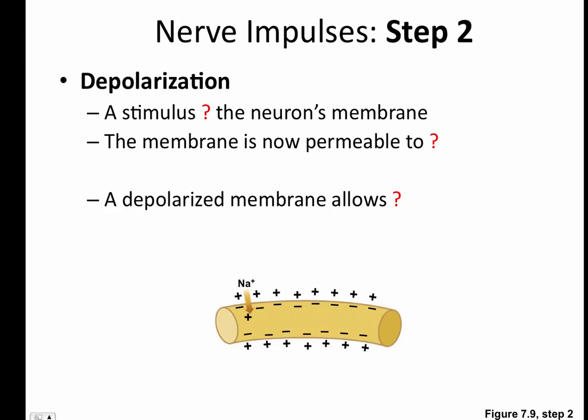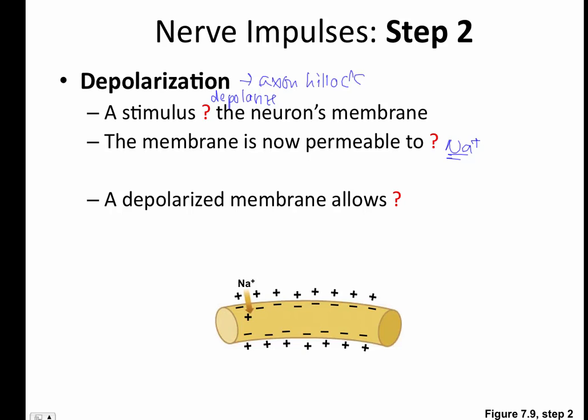Step 2 of this nerve impulse is depolarization. Once again, this is going to get started at that axon hillock. A stimulus is going to depolarize the neuron's membrane. Now the membrane becomes permeable to what ion? Good, sodium.